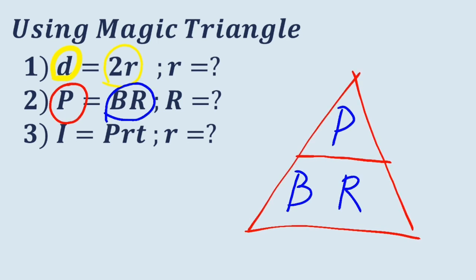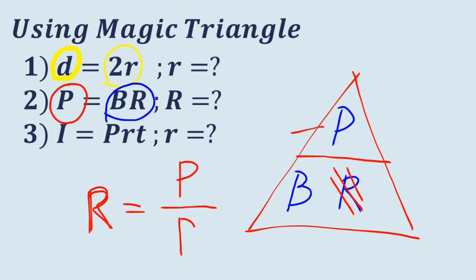So, since we are asked to get what is R, again, using the magic triangle, you simply cover the R here. So, here is the R. We're left with R, since this is what we are looking for. So, R is equal to P on the upper portion and P for the lower portion.